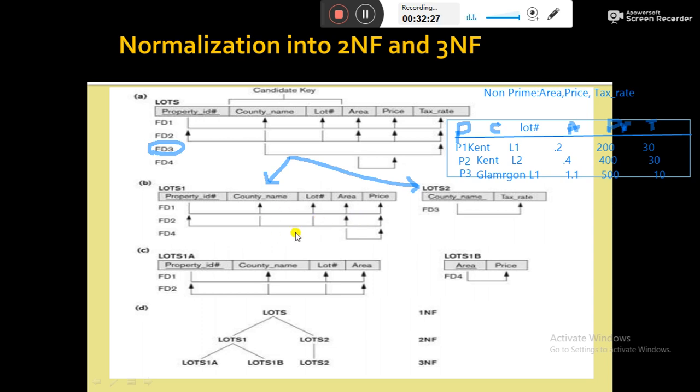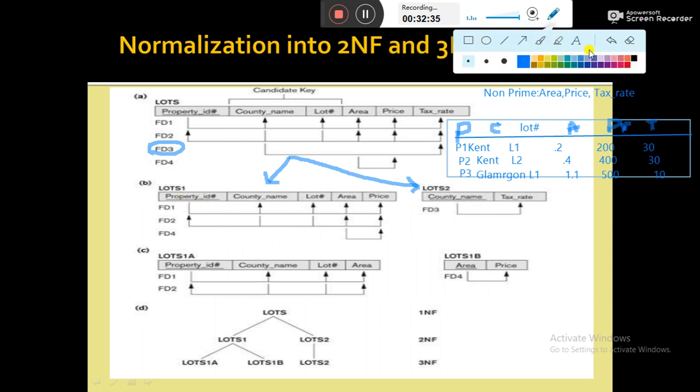So if you consider the relation lots 1, now we are considering the relation lots 1, just let me mark it. Now we are considering this one, lots 1, this is the current one. So we have to check whether this is in 3NF or not.